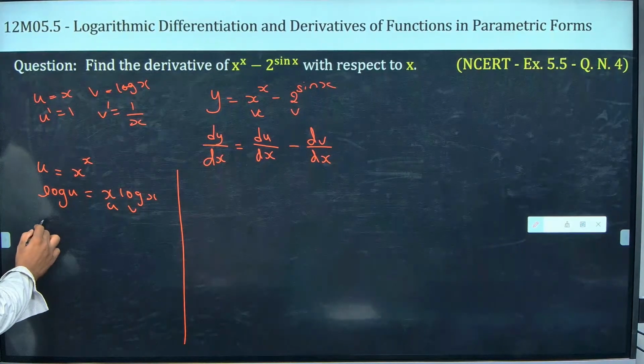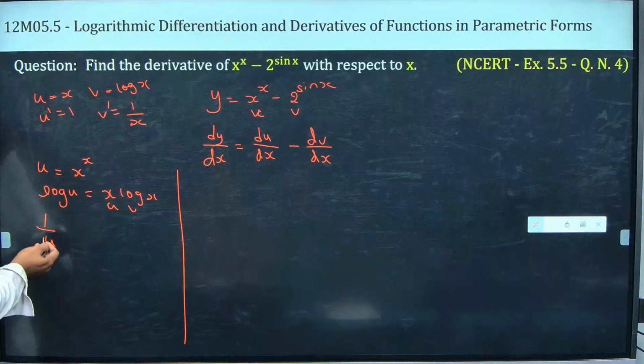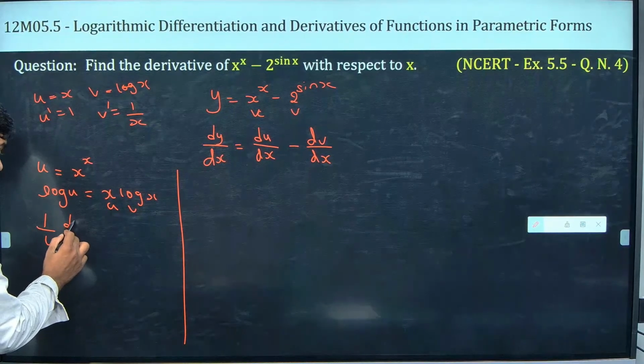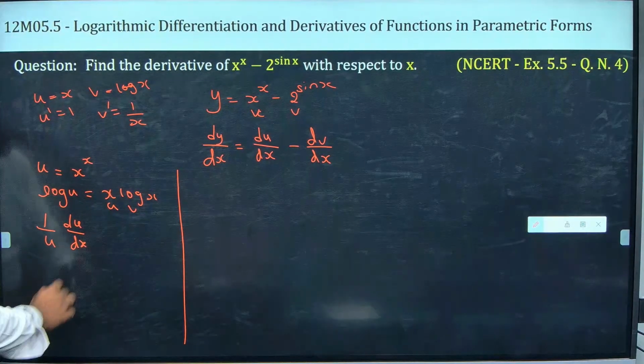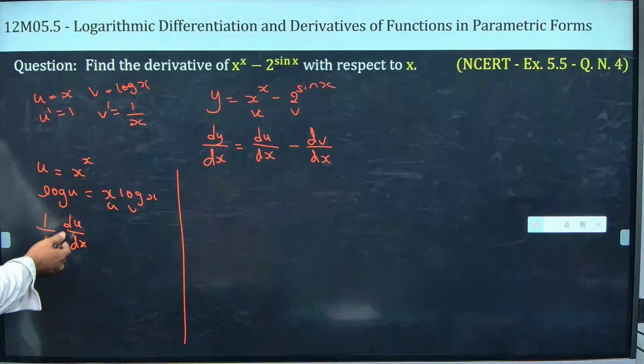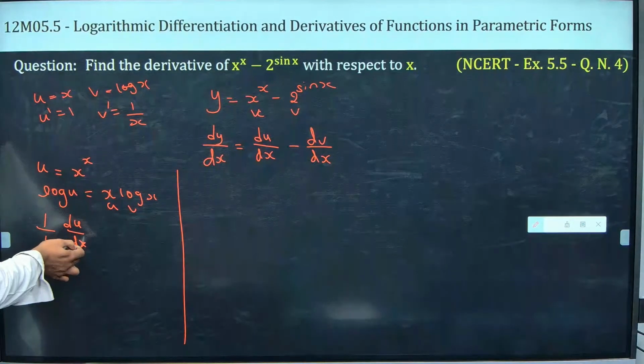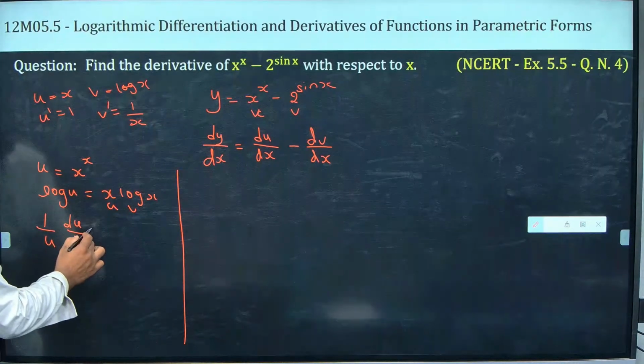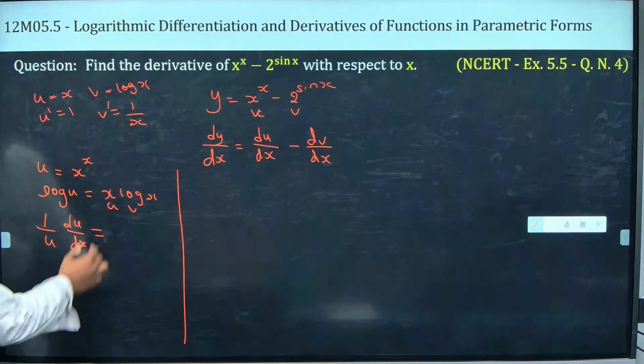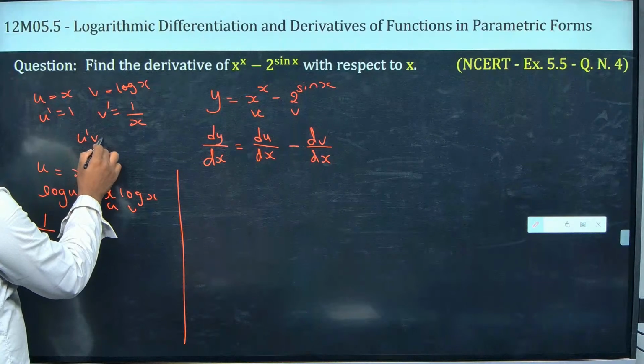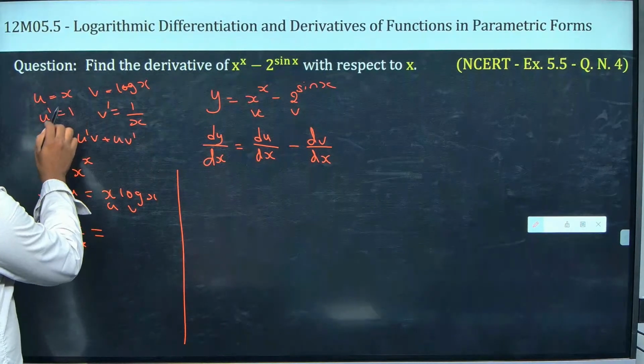Now what happens guys, differentiating this will give me du by dx, because I am not differentiating this one, I am just differentiating with respect to x. So du by dx equal to u dash v plus u v dash. Now what happens?